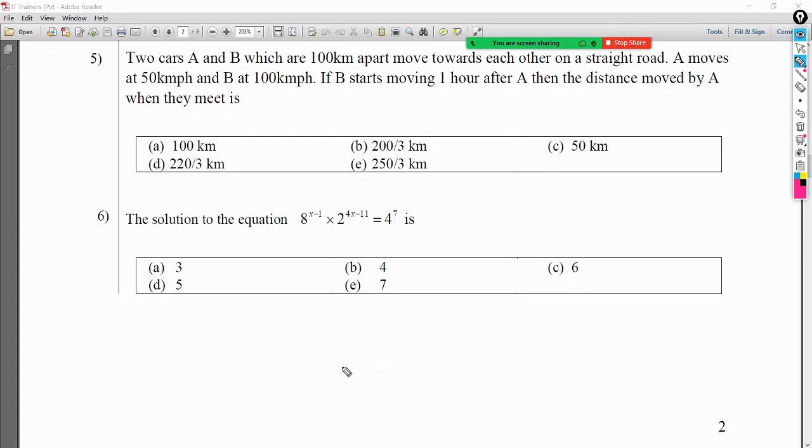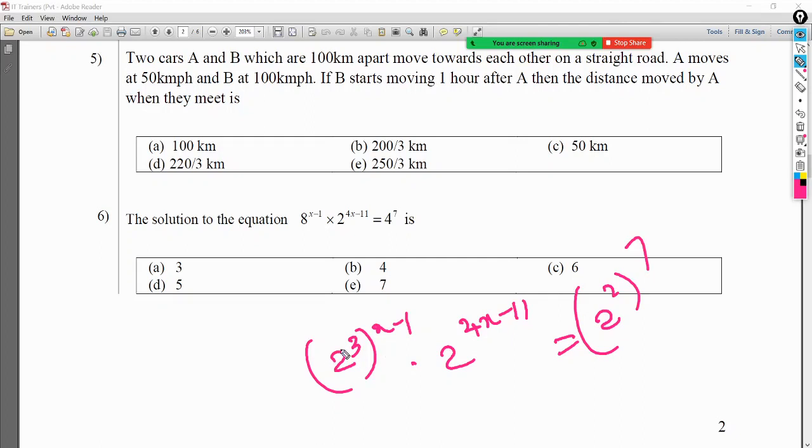So 8 is 2 to the power 3, so 2 to the power 3 to the power x minus 1 into 2 to the power 4x minus 11. I am going to write this one also as 2 to the power 2 to the power 7. Right, so let's simplify this. 2 to the power 3x minus 3 into 2 to the power 4x minus 11 equals 2 to the power 14.